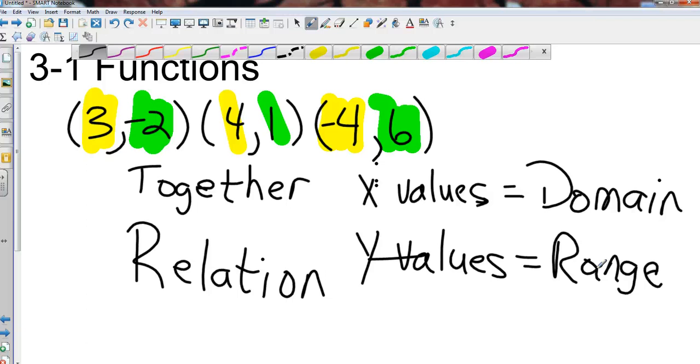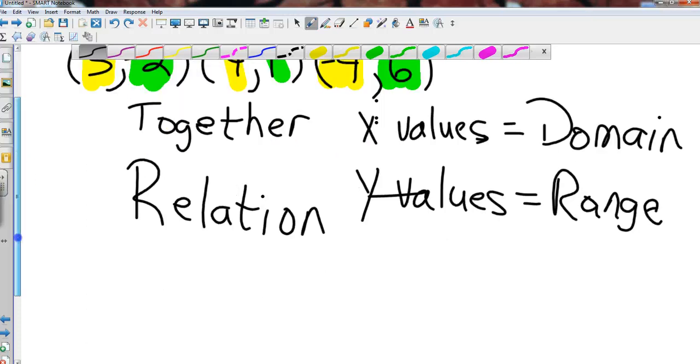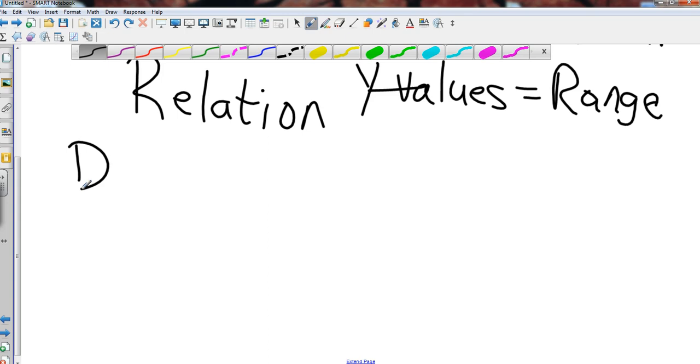What's the domain? If I asked you to tell me the domain of that relation, what would it be? 3, 4, and negative 4, to your knowledge, right? Okay, so when we write domain, the domain values are 3, 4, and negative 4.